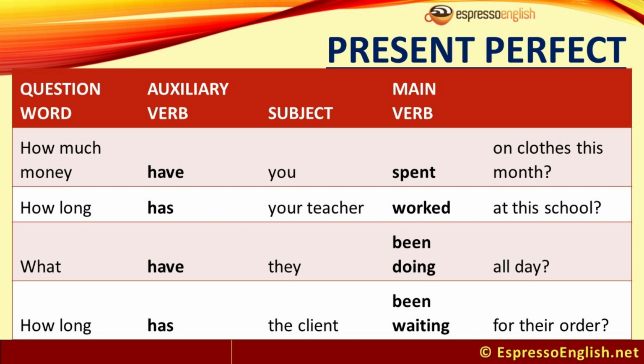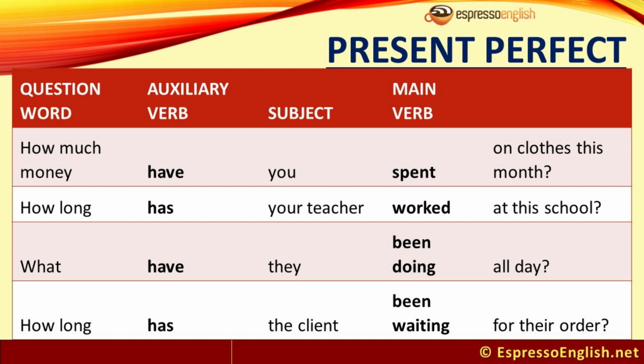What have they been doing all day? How long has the client been waiting for their order? In the present perfect, the auxiliary verb is have for subjects you, we, they, and I, or has for subjects he, she, and it. And the main verb is in the past participle.